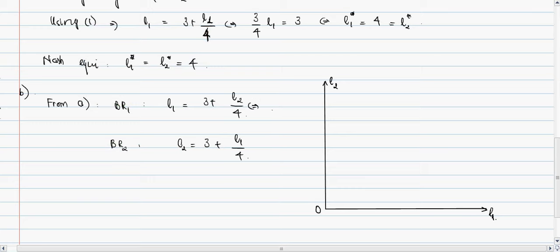If I rearrange this equation, I will get L2 equal to 4L1 minus 3. So I have a function with L2 as the subject, which is easier to draw. I get a vertical intercept equal to -3 and a slope equal to 4.